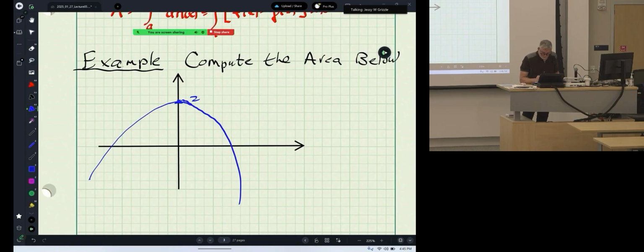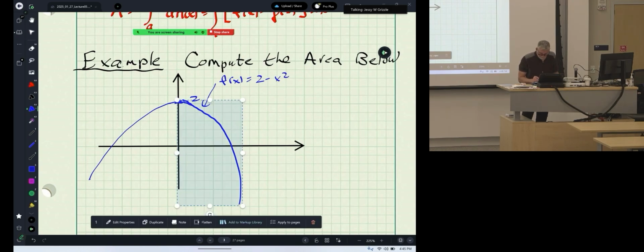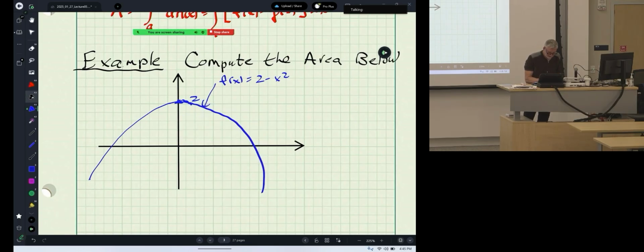Oh well. This is f of x equals 2 minus x squared. And if I stretch this out a bit, there we go, that looks better. So this is a equals minus 2, and this is b equals plus 2. So that's f of x.